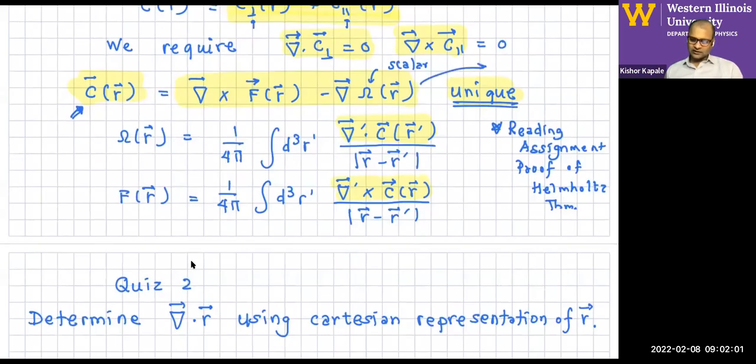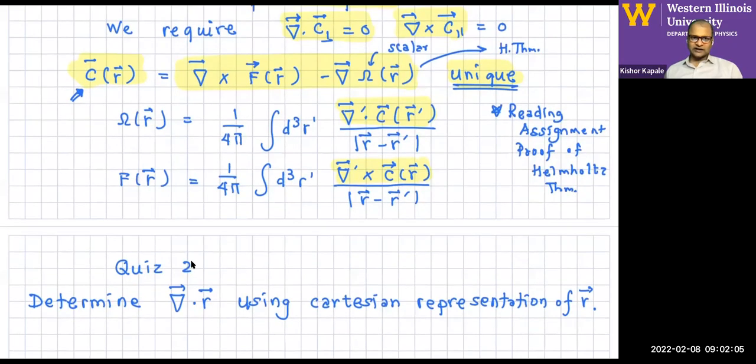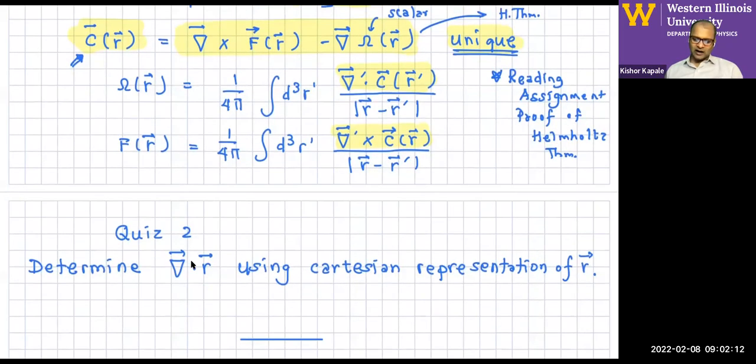So this is the Helmholtz theorem, which says that C will be given by curl of F minus gradient of omega, where F and omega are defined like this. F can be determined at all points in space if we know the curl of C, the curl of the vector field at all points in space.